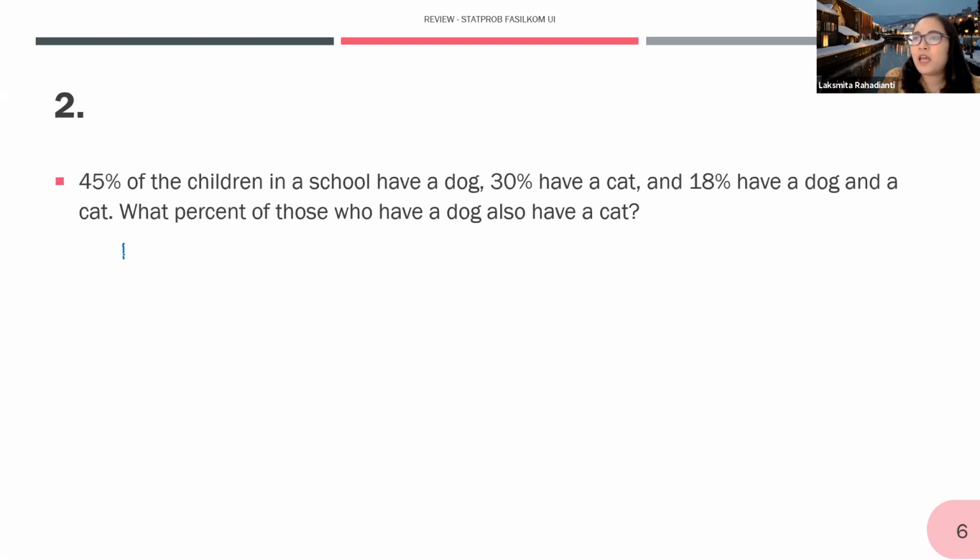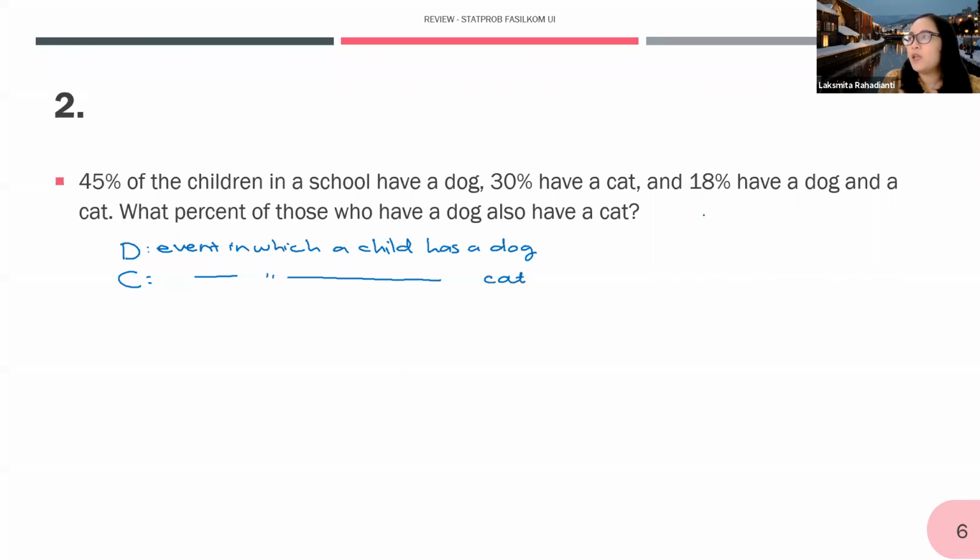So if I determine that D is the event in which a child has a dog, and then I have C, the event in which a child has a cat. I know that the probability of D, having a dog, is 45% or 0.45.